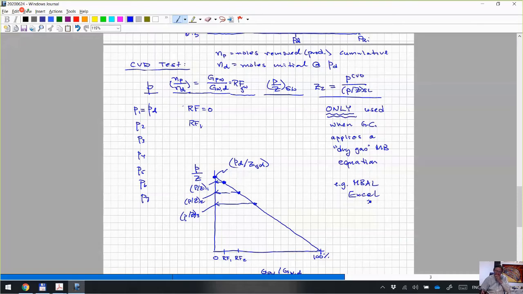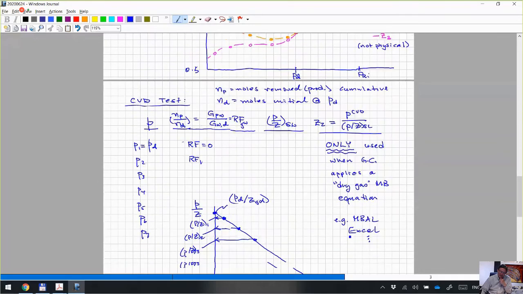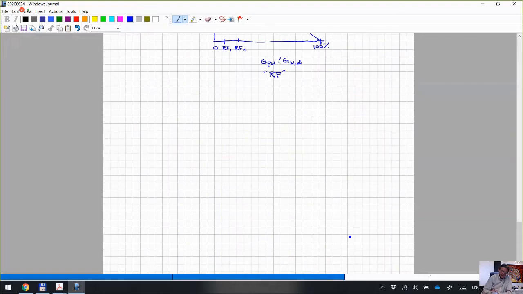Okay. So let's just say that we actually took production data and did everything we were supposed to do. So this is actual field data. We're plotting P over Z, and of course this is the dew point.